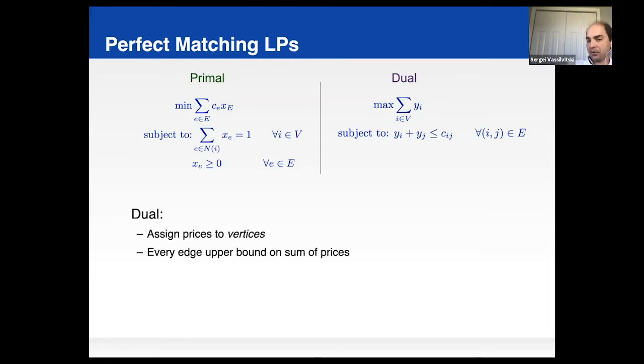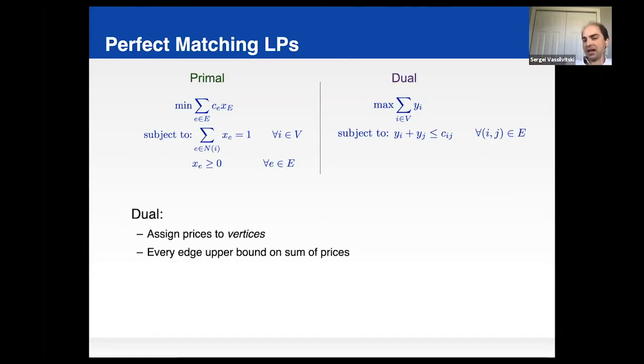And now what is the dual version here? The dual version says I'm going to assign prices, which I'm going to call y_i's, to vertices. I want to maximize the total value of prices, but I have some constraints: for any particular edge, the sum of the prices of its endpoints can be no more than the cost of this edge. And so I can't set all of the y_i's to infinity. They're capped from above.